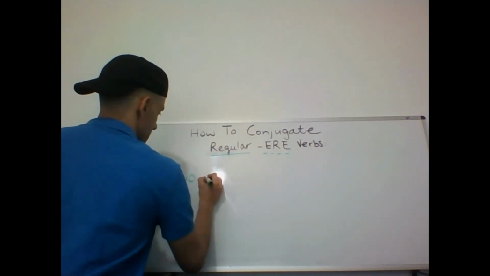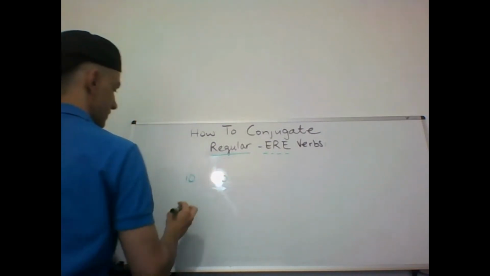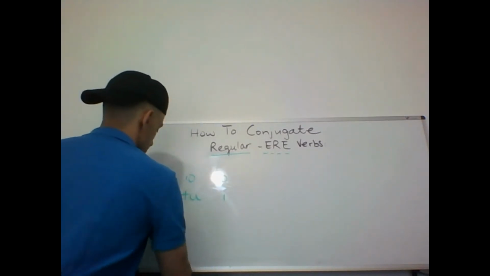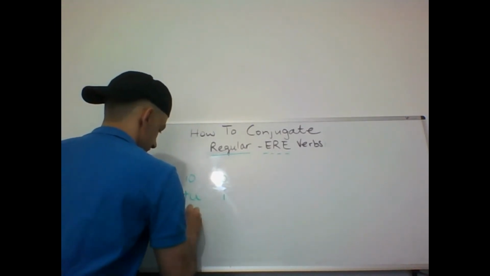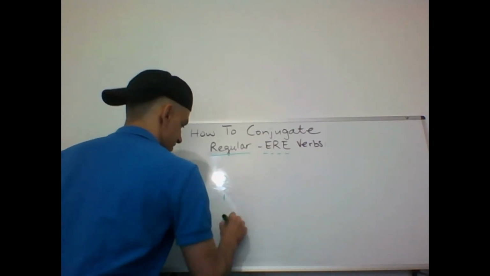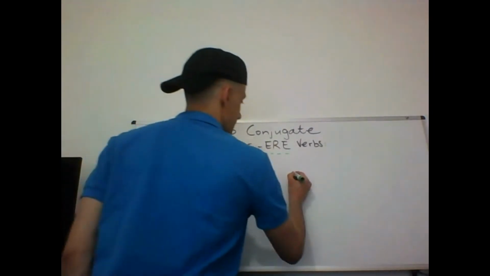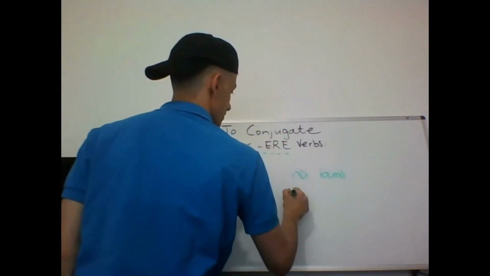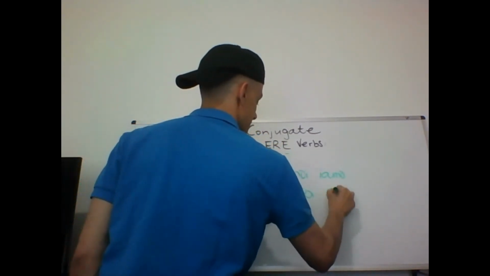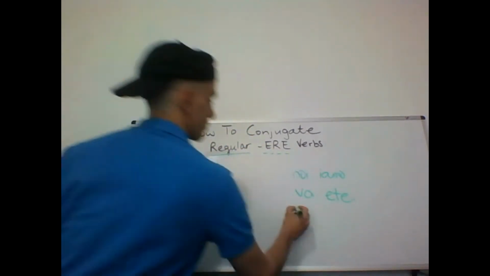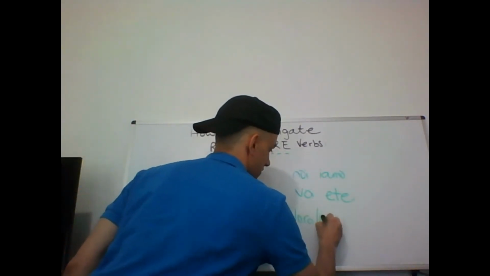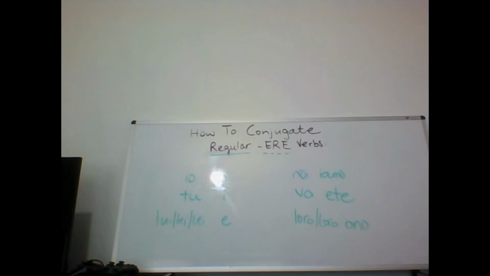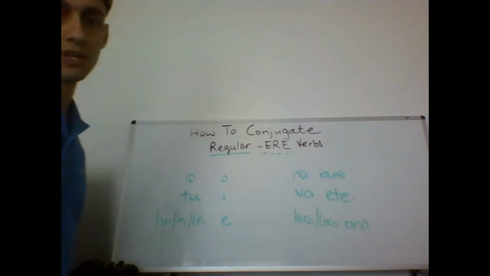For io, it's going to end in O. For tu, it's going to end in an I. For lui, lei, it'll end in E. For noi, it'll end in iamo. For voi, it'll end in ete. For loro, it'll end in ono. Now, let me just shut this light real quick, see if it could focus on that a little bit better. Yep, and it does.